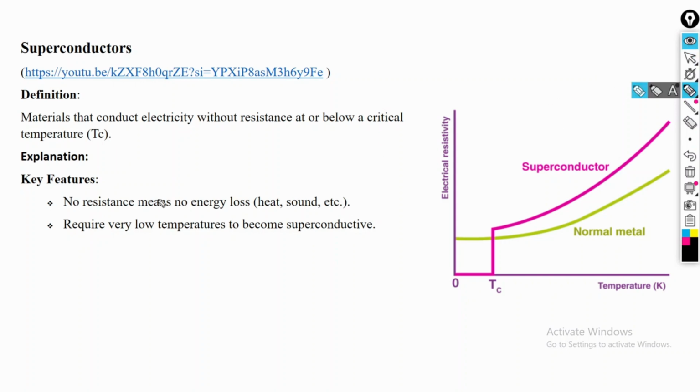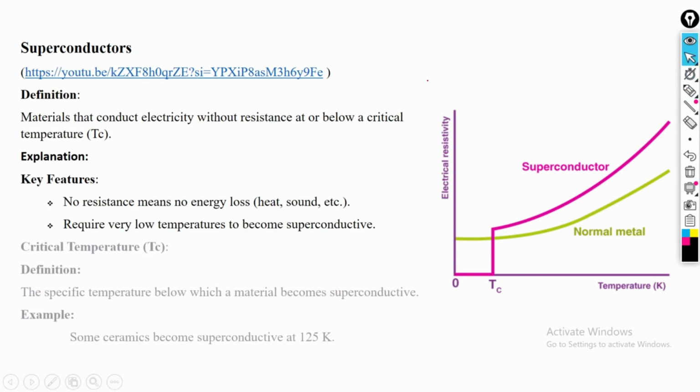Superconductors are materials that do not have resistance, meaning they do not lose energy in the form of heat, sound, or other forms of energy. It requires a very low temperature for a conductor to become superconductive.